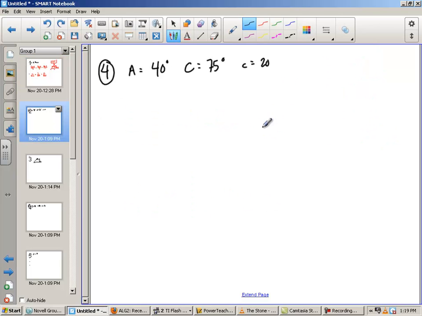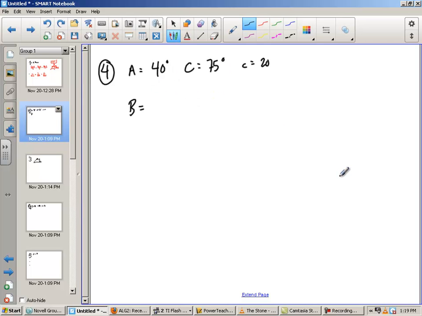So going and looking at a problem, number 4, we're being asked how many triangles this would produce and whether there's one triangle or no triangles. The way that we check is by, well, finding the A, B, and C. Let's just real quickly run through. Obviously, capital B is the missing angle here.